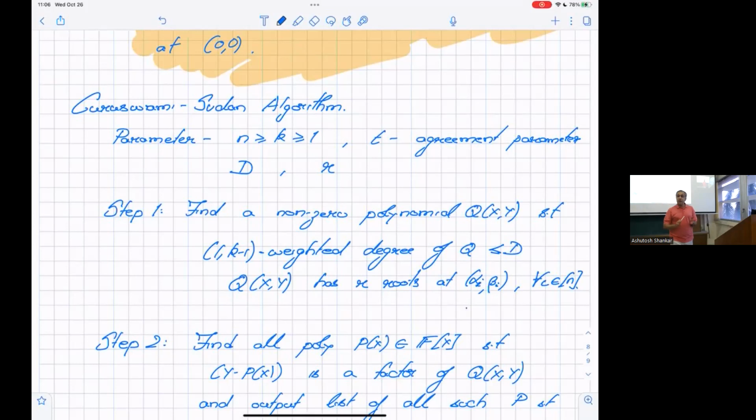It won't be linear in alpha and beta, but I don't care. It's linear in the coefficients. And how many such equations do you have? For every monomial x^i y^j so that i plus j is less than r, you are going to have an equation. How many such are there? There are r into r plus 1 by 2.